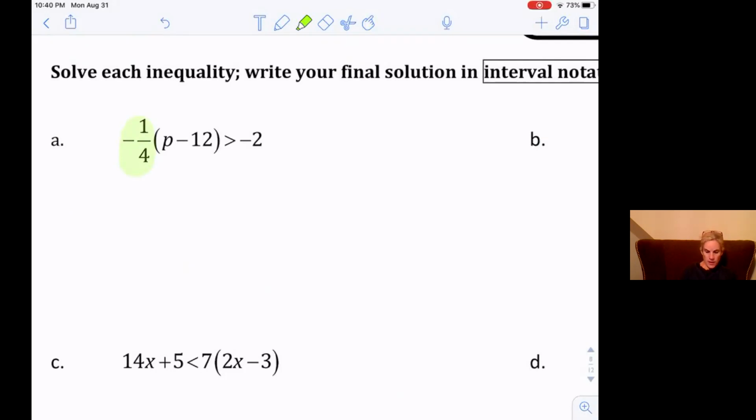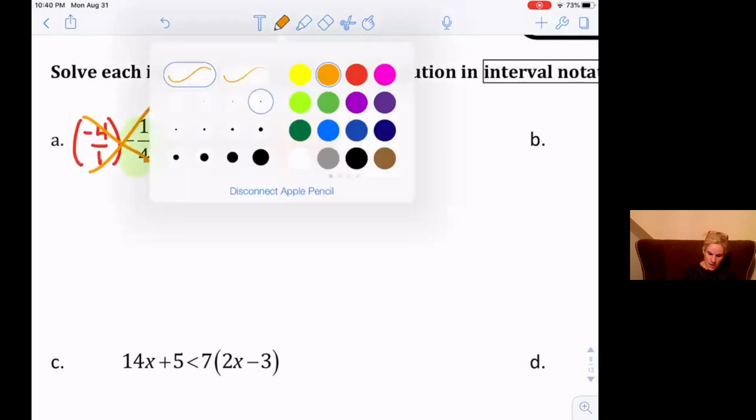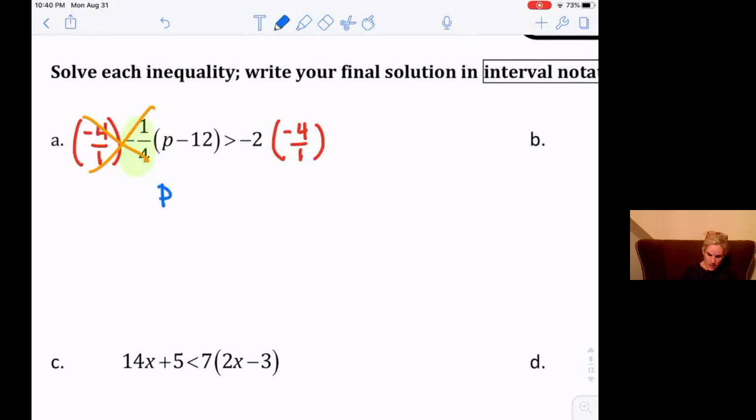All right, so if you were to multiply both sides by -4/1, those would cancel, and you would be left with p minus 12 is greater than 8, because -2 times -4/1 is 8. All right, one thing I did, a mistake, and I did it on purpose to see if anybody would catch that.